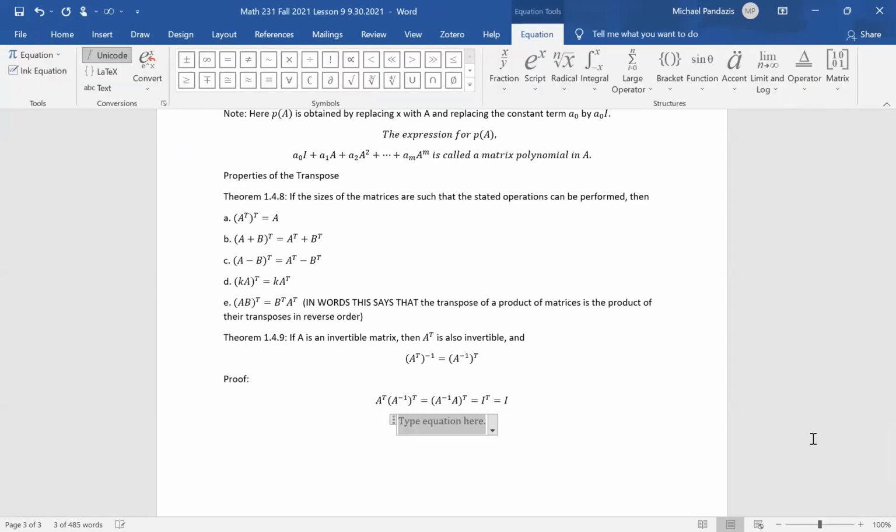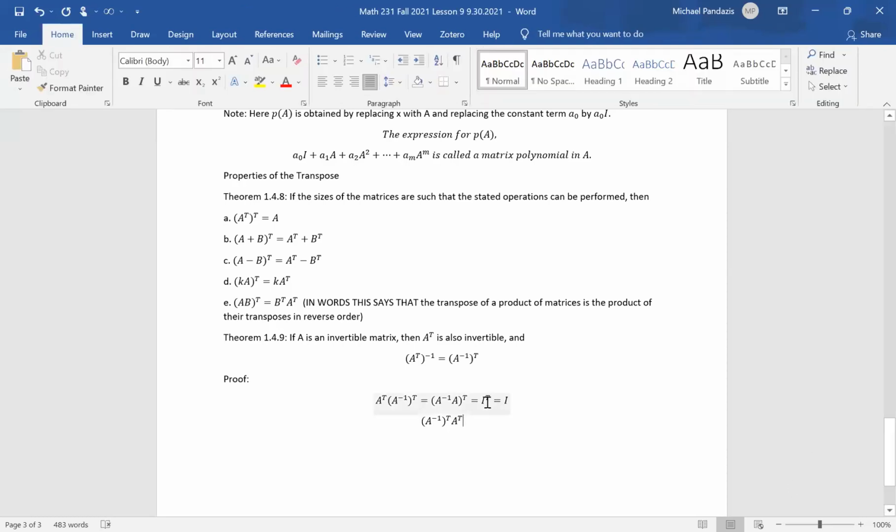Also, if you take A transpose and you multiply on the left by A inverse transpose.